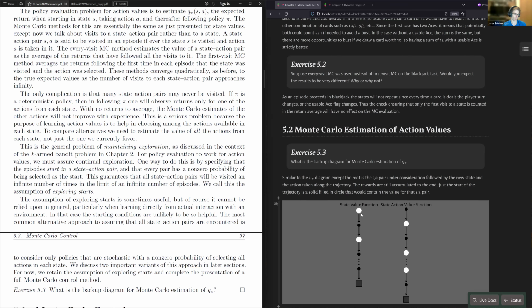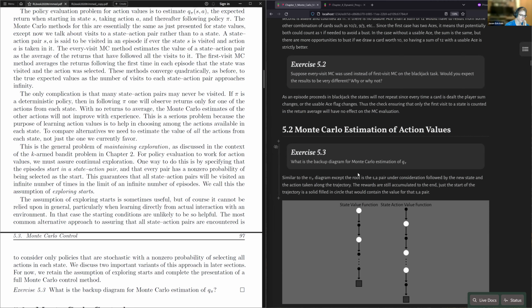Here, the open white circles represent the states that we're interested in calculating the value estimate for. When we begin the episode with a state action pair, we're not trying to sample different actions taken by the policy, whereas here, we're actually going to keep track of which action was taken and use that for indexing the estimate.